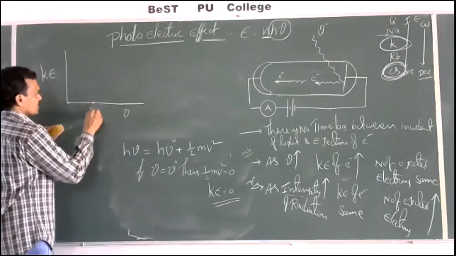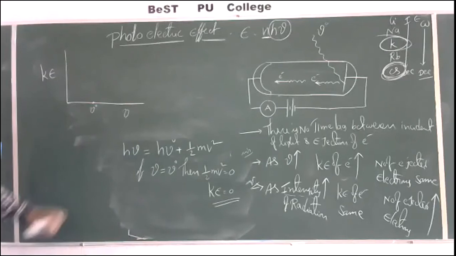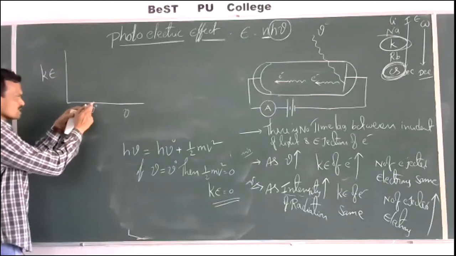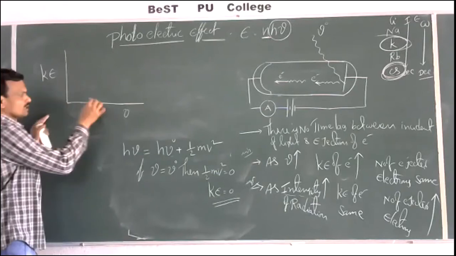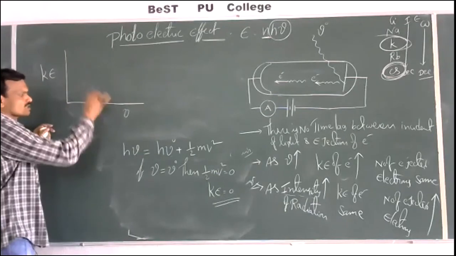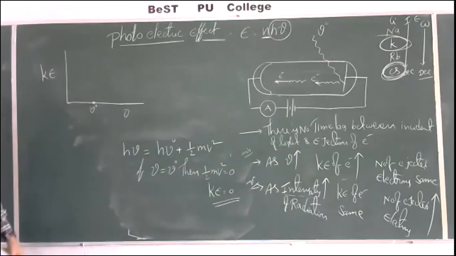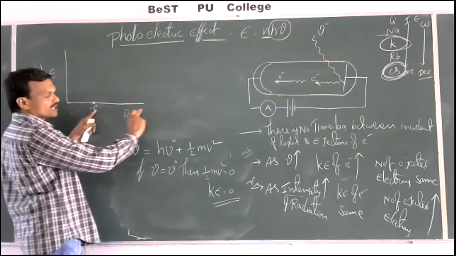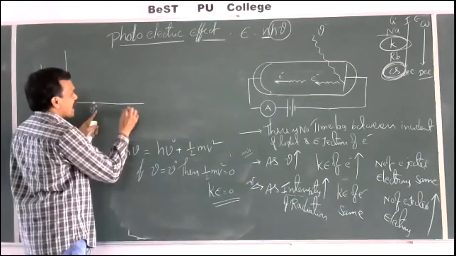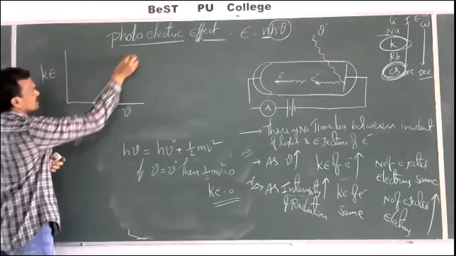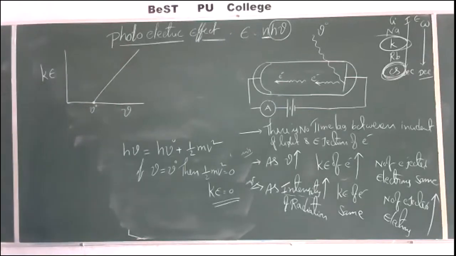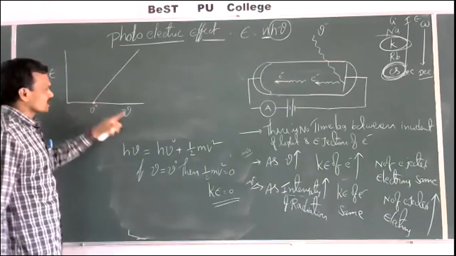Below this frequency, the electron will not be ejected. This is below threshold frequency. This is the threshold frequency. Here ejection of electrons starts with kinetic energy 0. As the frequency increases, the kinetic energy of the ejected electron increases. So this is the graphical relation between kinetic energy and frequency.